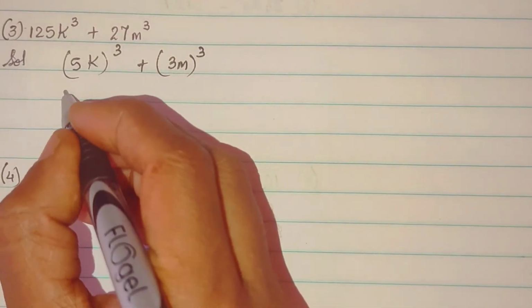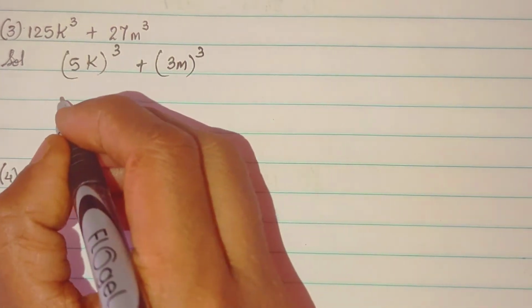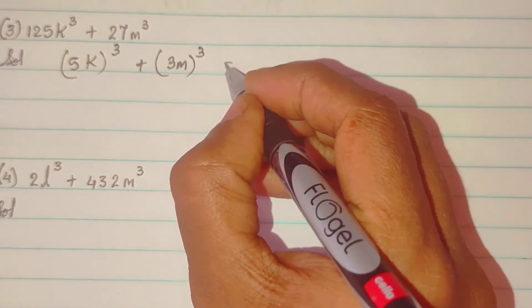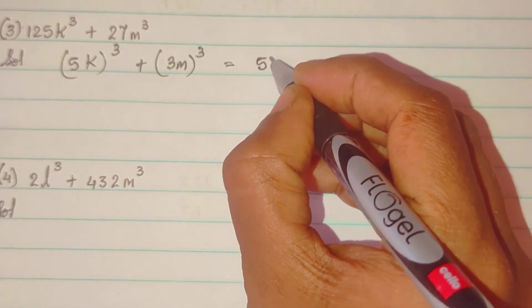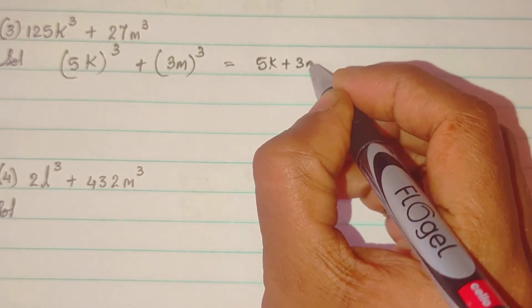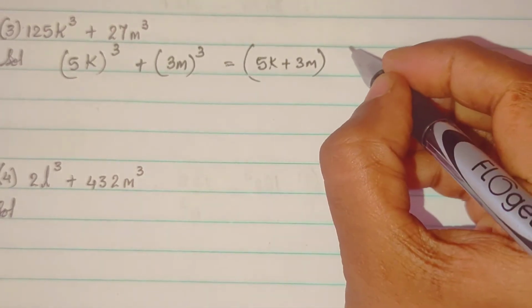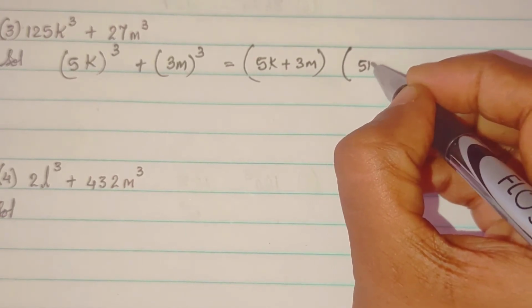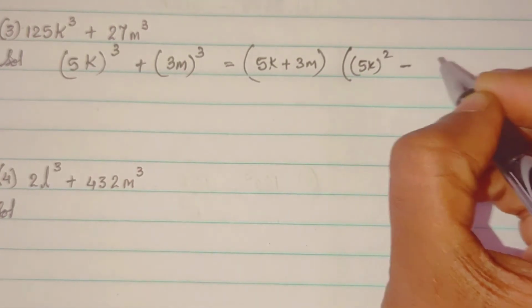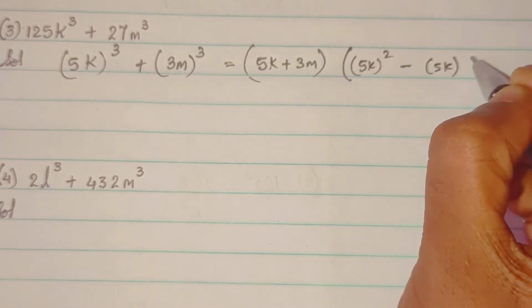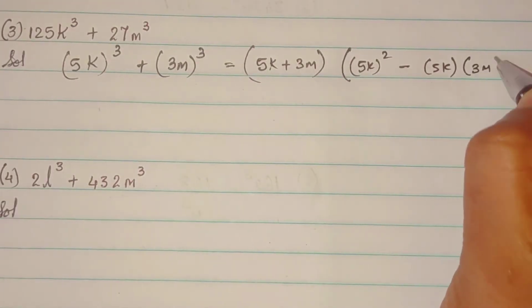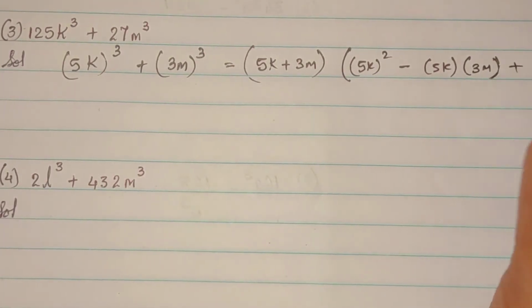So now when we split by using the formula, that will be a plus b, and then a square minus a into b, then b square.